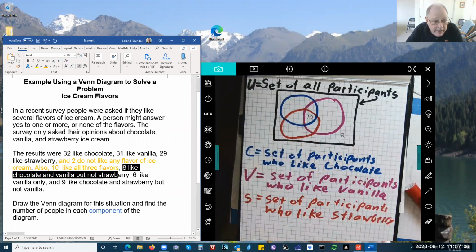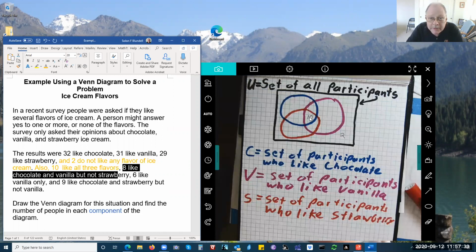Now, 8 like chocolate and vanilla, but not strawberry. So we're in the overlap of the blue and the red and the pink. We like chocolate, we like vanilla, so we're inside this little football shape, but not strawberry.